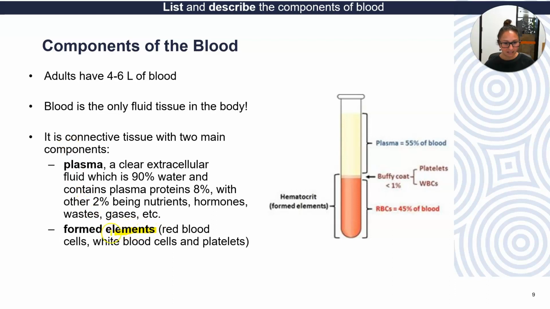Here are the cells, here is the matrix, which makes them connective tissue. So blood is a fluid connective tissue. So we're going to have a look at all the components of blood, and we make sure we understand all of that.